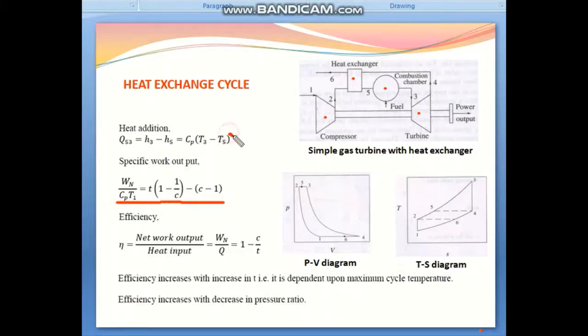So the efficiency becomes 1 minus C by t. Now we can say that the efficiency depends upon the maximum cycle temperature. Efficiency increases with decrease in pressure ratio.